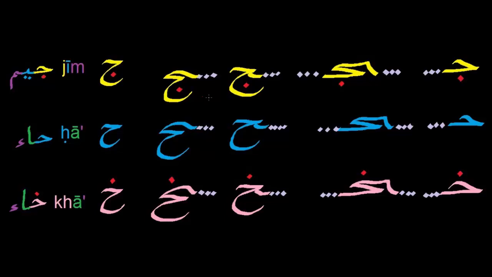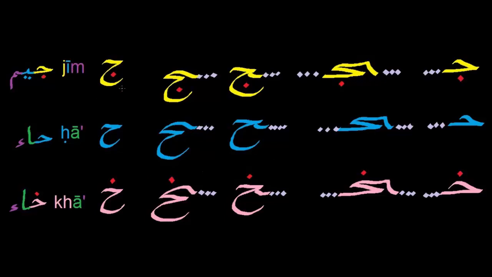And the Jim at the end, I've shown you two different styles to write it. You can see the little dots here represent a little connection to a previous letter, and the dot is placed in the center. The Ha is written in the same way in all cases, except there is no dot at all. Finally, the Kha has the same basic shape. The only difference is there is a dot on top in each case.